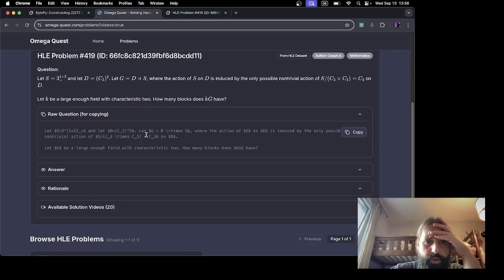So now we need to know, what is the only non-trivial action of C3 over C2 squared?